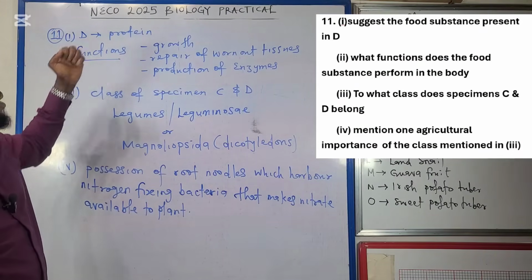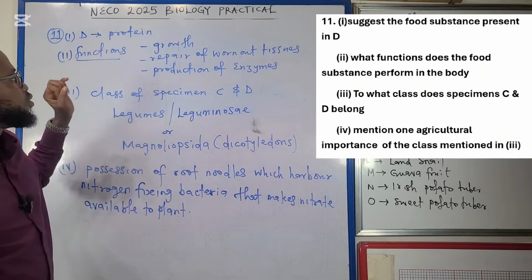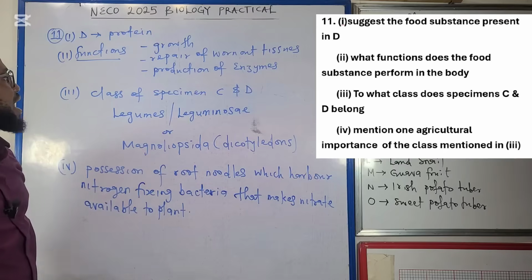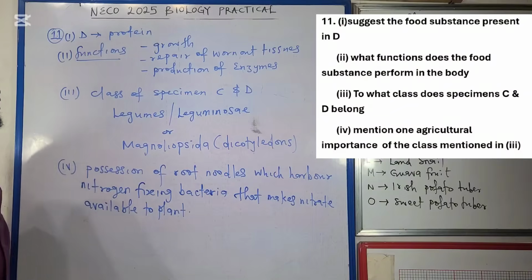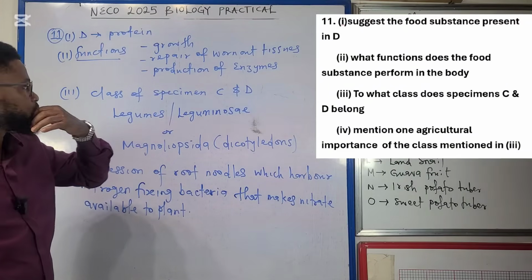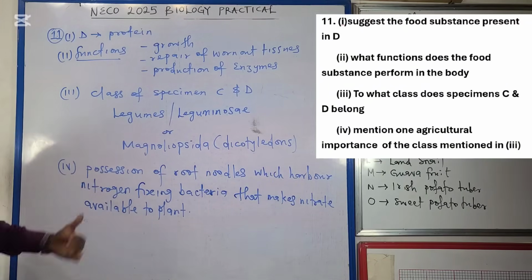What are the functions of that protein? We need protein for growth, for repair of worn out or damaged tissues, and also for the production of enzymes. Remember that most reactions in the body are catalyzed by enzymes, so proteins are needed for the production of enzymes.